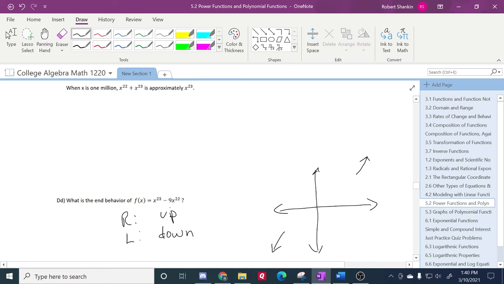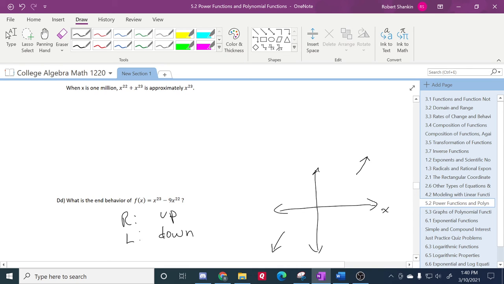It turns out that even though it's got a multiplier of 9, that is insignificant. When we're talking about way to the right on the x-axis, we mean even past when x is 1,000,000.